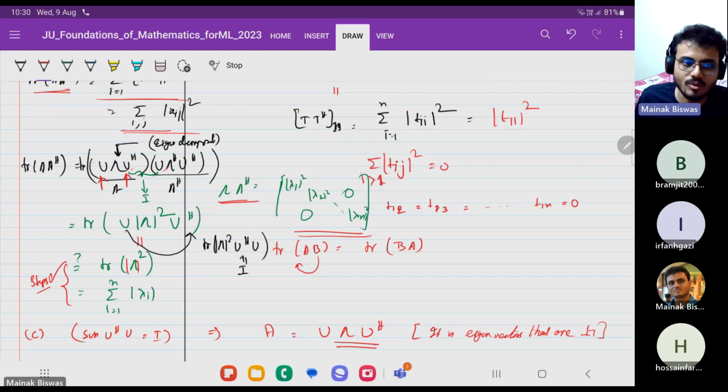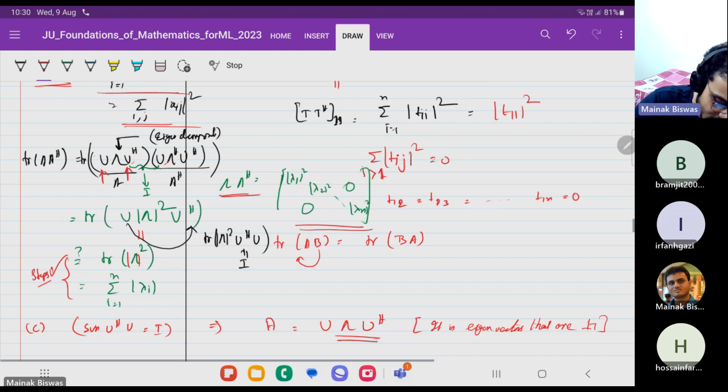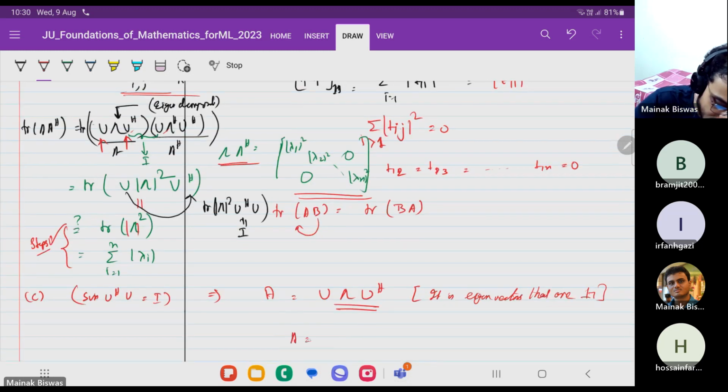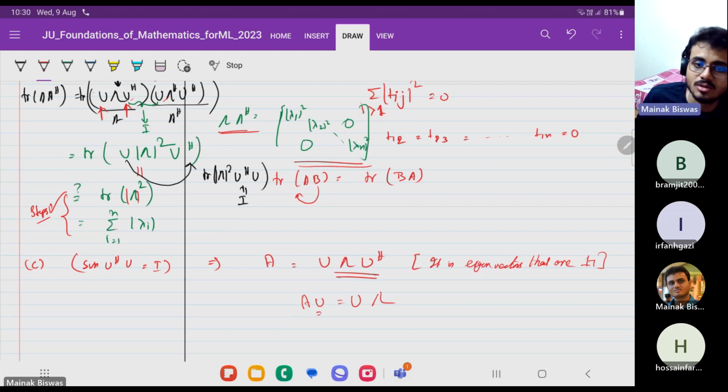You can also check it in another way. You can write AU as U lambda, right? Yes or no? From here, can I write this? Sorry, I just multiplied by U on both sides.